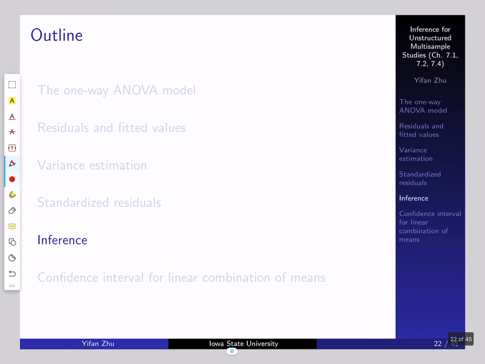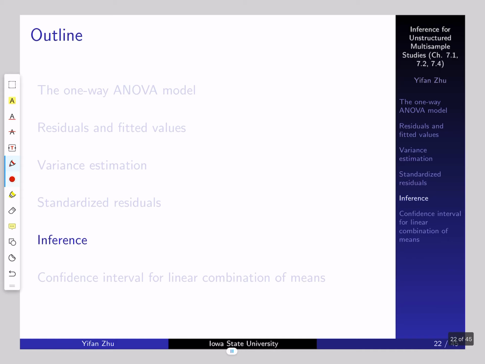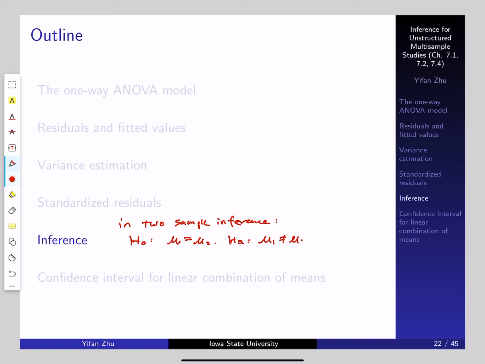And the next thing is the inference for the one-way ANOVA model. So remember in two sample inference, one thing we are interested in is H naught: mu1 equals mu2, and HA: mu1 is not equal to mu2.